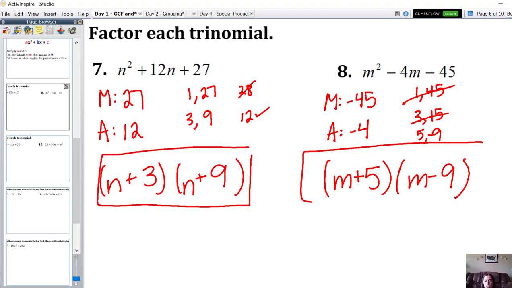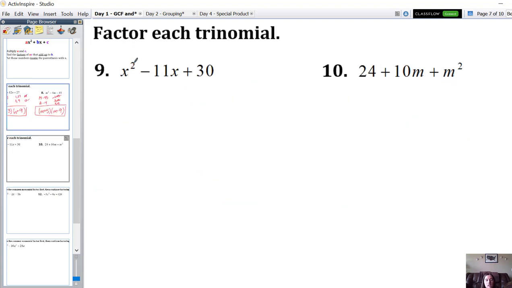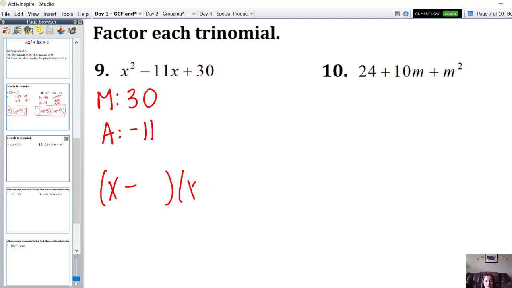Those are my factors. Now we've got x squared minus 11x plus 30. I need to see what multiplies to 1 times 30, which is 30, that adds up to negative 11. I need my product to come out positive, but what I'm adding to is supposed to be negative. So I'm going to do x minus something times x minus something, because a negative times a negative is a positive, and a negative plus a negative is still a negative.